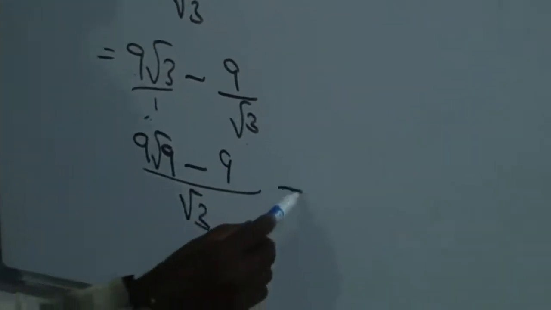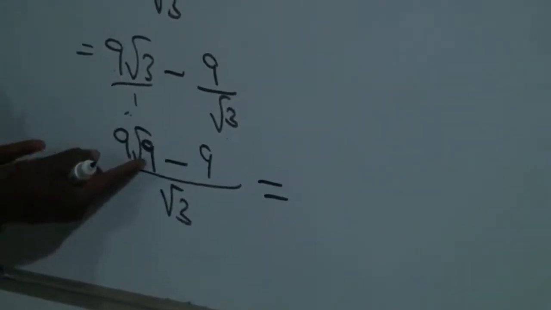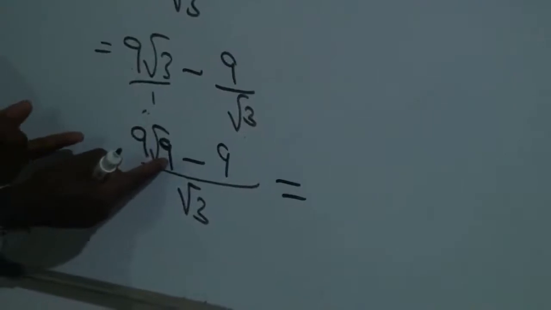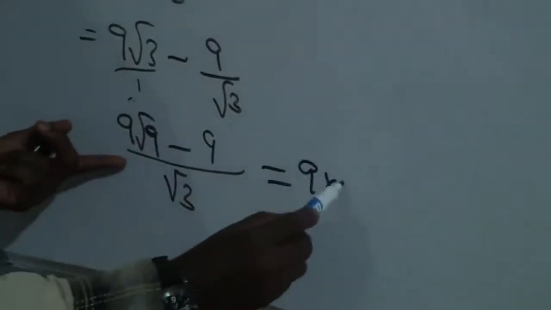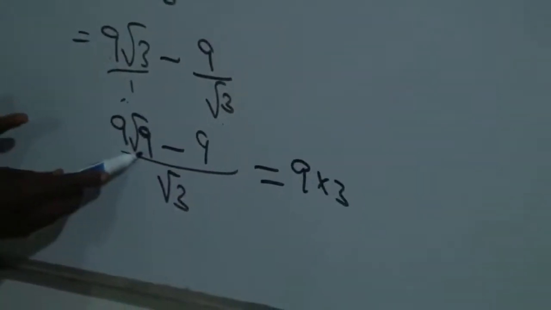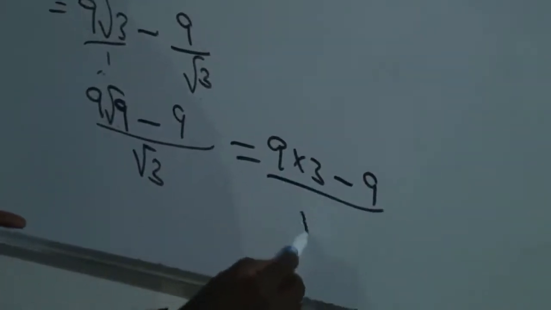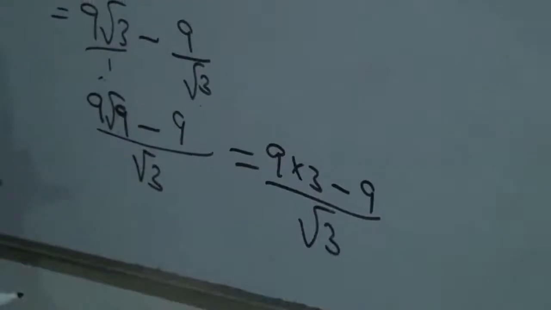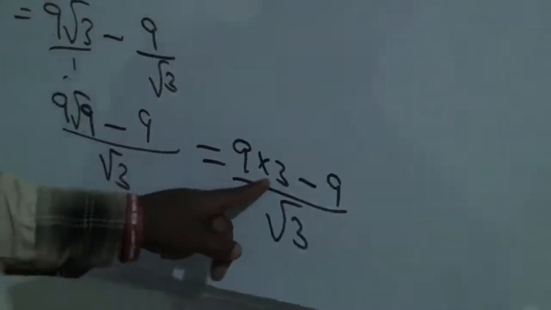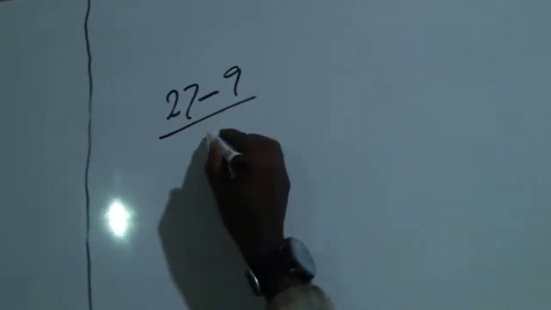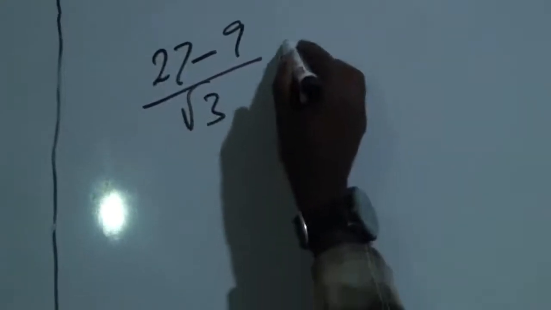And therefore, 9√3, 9 times √9 is the same thing as 9 times 3, since the square root of 9 is 3, then you have minus 9 all over √3. Now, 9 times 3 is what now? 27. So I have 27 minus 9 all over √3.